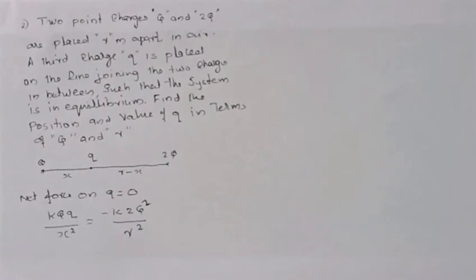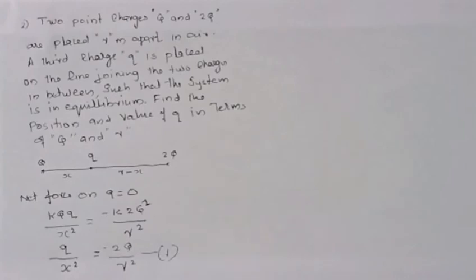You can remove both the k and one of the Q's. So you will get the relationship simplified to small q upon x square is equal to minus 2 capital Q upon r square. Let's put it as equation number 1.